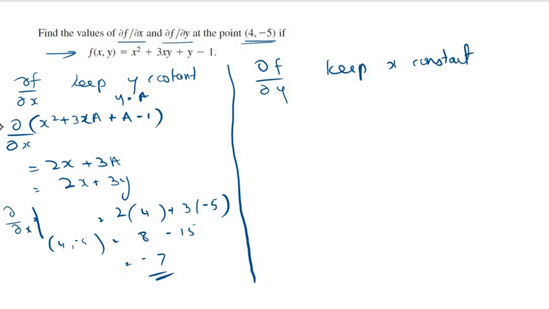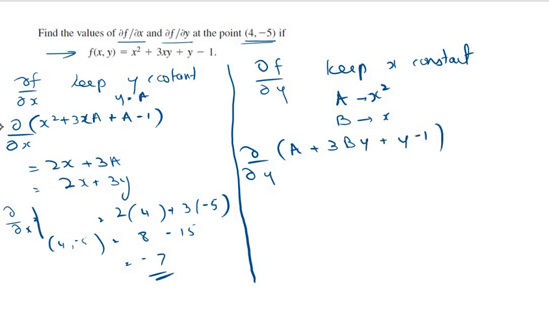So here we use a as x squared, and we use b as x because there are two x terms here. So we'll write that partial with respect to y. Now let's substitute the x's. So we have a plus 3by plus y minus 1. Now we have a function with only y in it, and we are differentiating with respect to y.